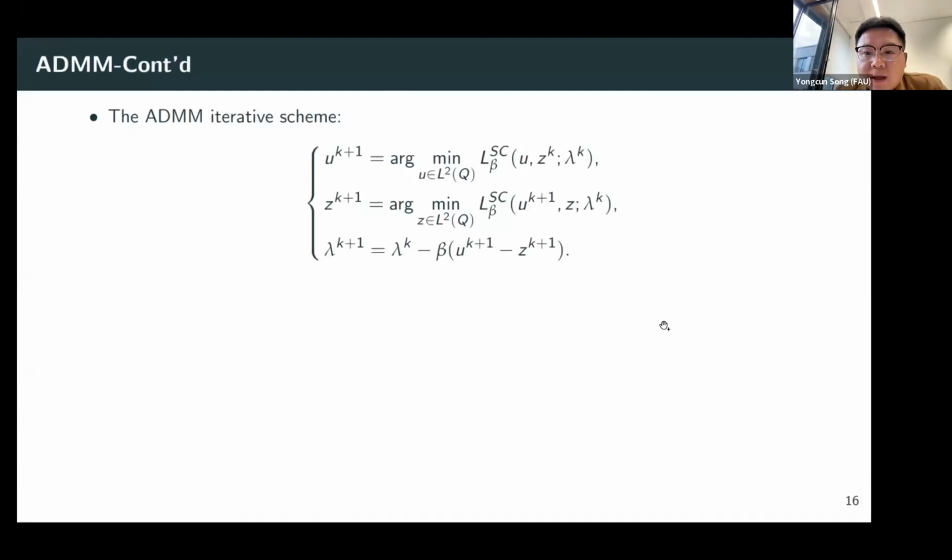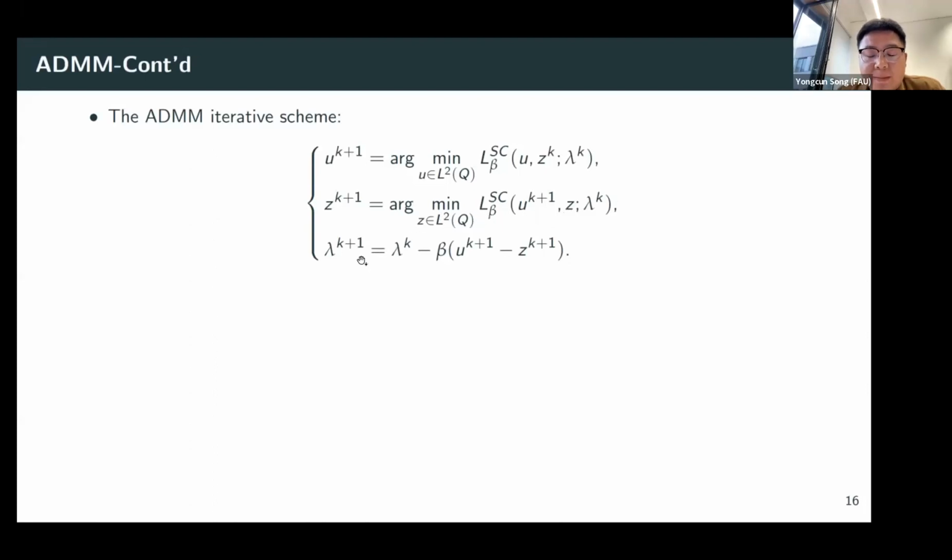First, given z^k and lambda^k, we update u^{k+1} because it is only a problem in terms of u. Then with this computed u^{k+1}, we solve the subproblem of z.